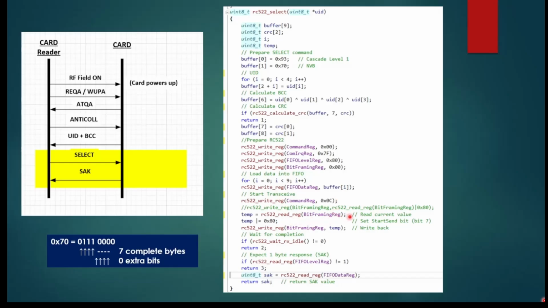We do our bit framing, we get our bit framing, I should say, and then here we set the correct bit, which is bit 7, so things get transmitted. Now at this point, everything got transmitted, we hope. So what we do is we wait to see if we go to idle. That means the command got completed.